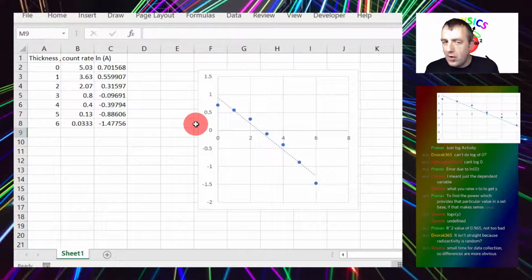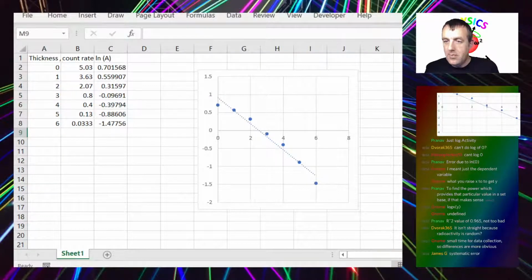But that's not what we've got here. What we have got is a curve. What does that indicate to us if it is a curve? It goes back to something I said right before we did the experiment. Systematic error, absolutely. This is not a random error. This is a systematic error.